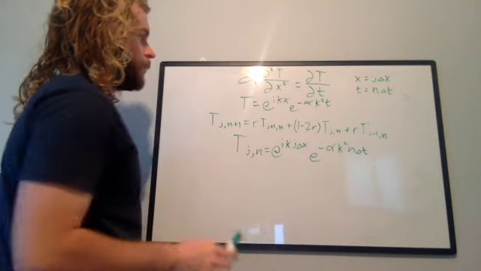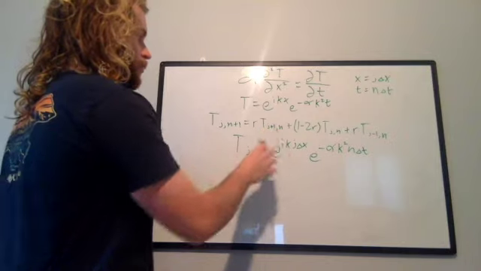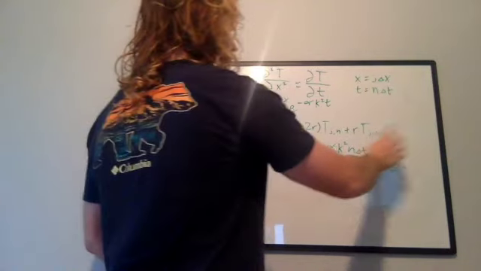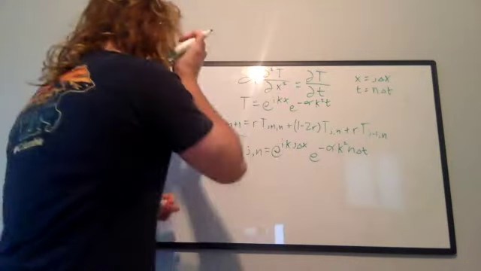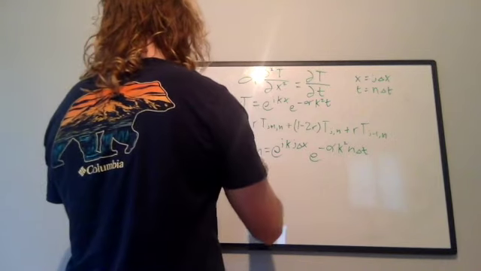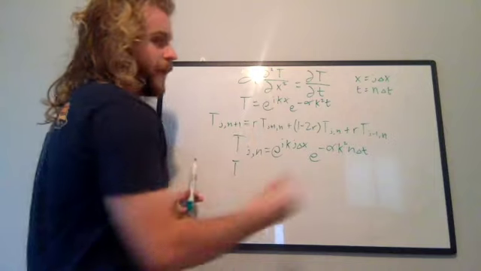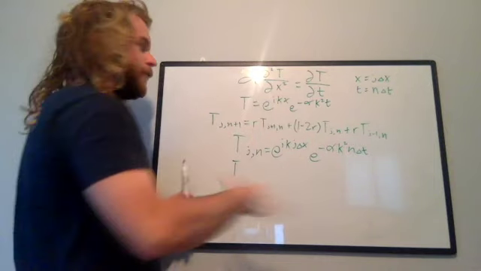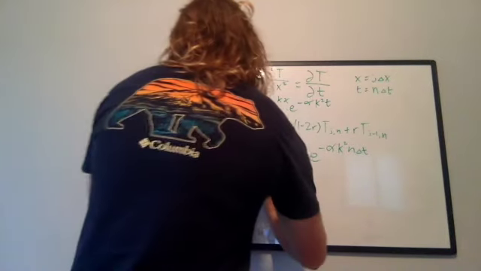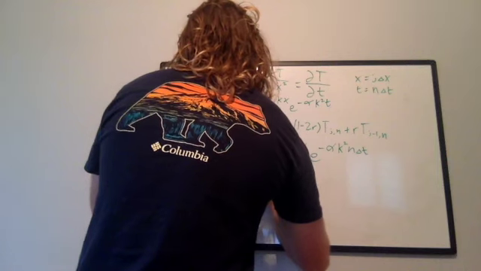And now we have to look at T of j plus 1 and n, and then T of j minus 1 and n, all right? So over here, we'll start off with j plus 1. So this is going to be the temperature at the next position over in the fragments on the bar. So j plus 1, n.